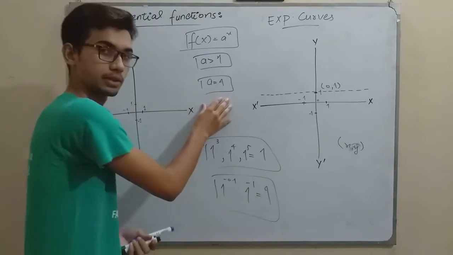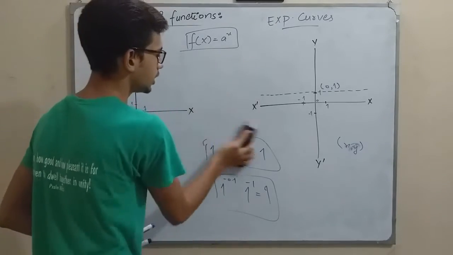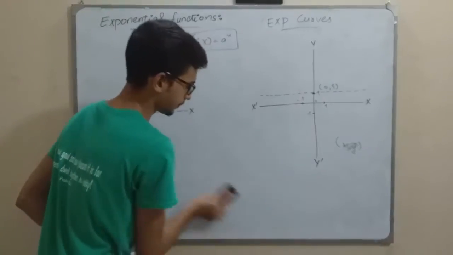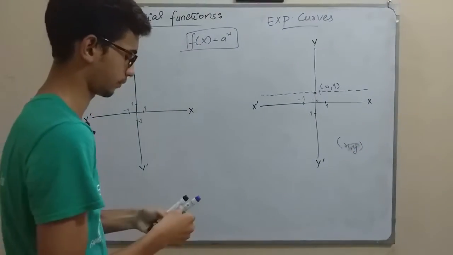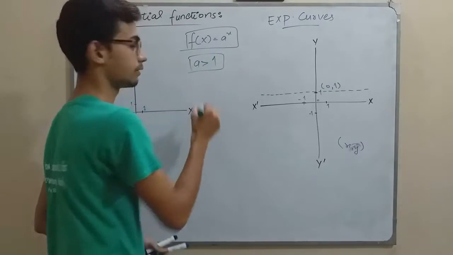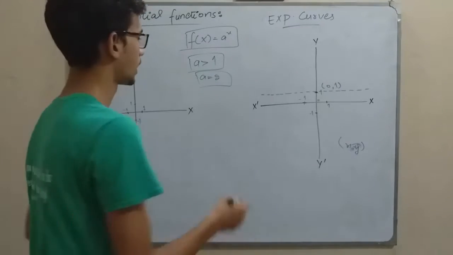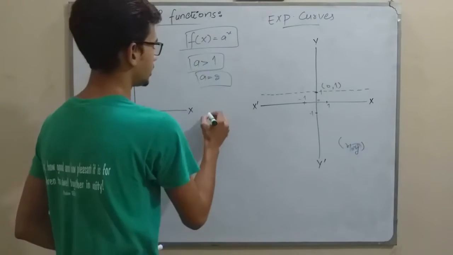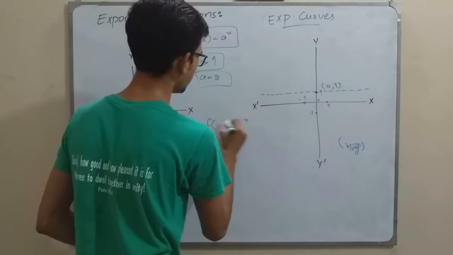So this is the first rule. Now we have 2 conditions for the exponential curves. If a is greater than 1, suppose a is equal to 2, and we have this exponential function, f of x is equal to 2^x.